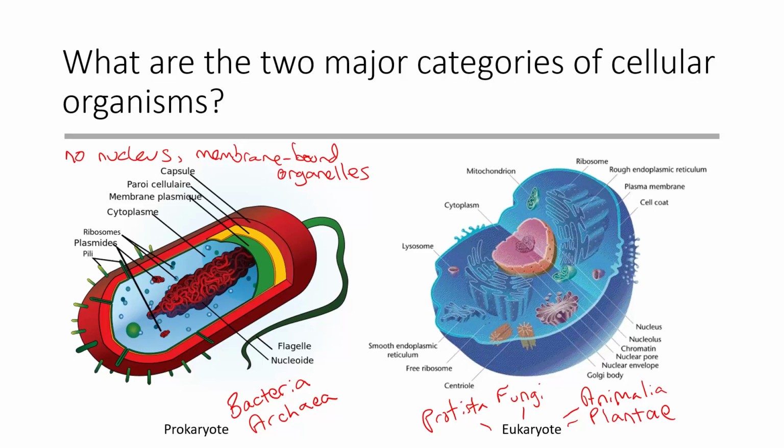So these organisms are going to have roots, and they're going to undergo photosynthesis in order to make their own food source, so then they can use their own food source in order to make energy. Fungi is referring to the yeasts and molds, and those are going to be our decomposers. So fungi are going to break down other living organisms that have died. And Protista, with Protista we're talking about algae or protozoa.